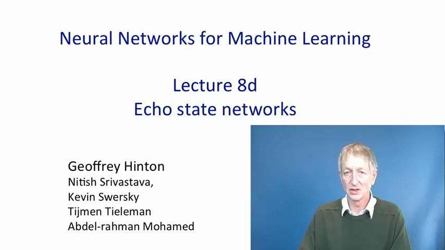In this video, I'm going to describe echostate networks. These use a clever trick to make it much easier to learn a recurrent neural network. They initialize the connections in the recurrent neural network in such a way that it has a big reservoir of coupled oscillators.